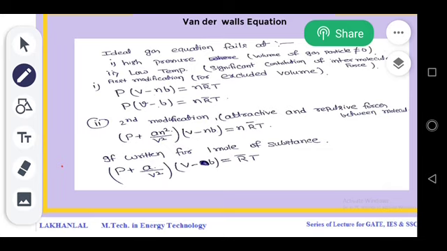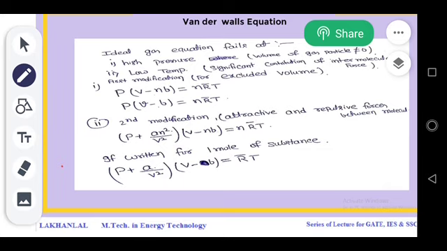So at high pressure, your ideal gas equation doesn't remain valid because intermolecular interaction becomes high. When you force gaseous molecules into a closed space at high pressure, intermolecular interactions become more and more significant.